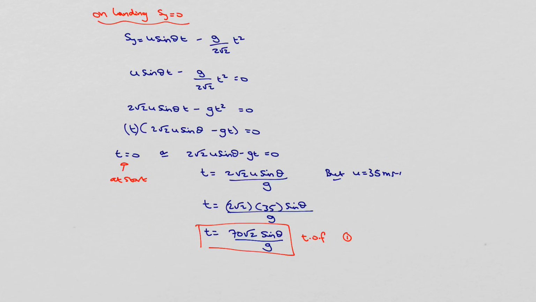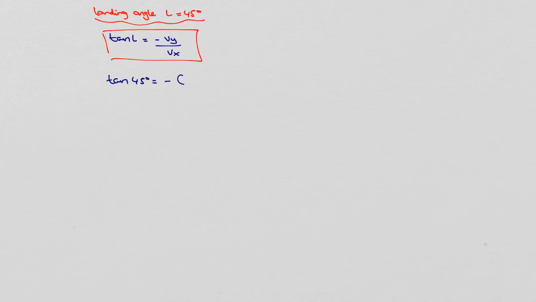So I sub in there. So it's u sine theta minus gt over root 2, and that's over Vx. Vx is u cos theta minus gt over root 2. And of course you can see here I can put in my 35 in a second as well, okay?